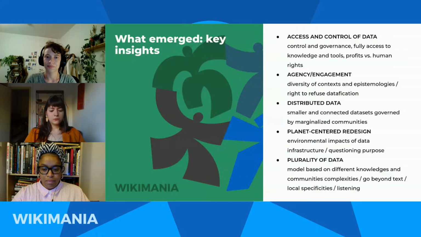And this is related to another topic, planet-centered redesign of structured data, keeping in mind the environmental impacts of data infrastructure, and questioning the purpose of every new development, every new data set, every new engine, every new artificial intelligence application, doing an assessment of these environmental impacts, especially the impacts of big data.